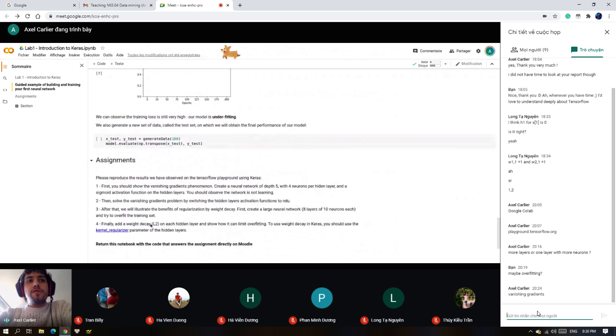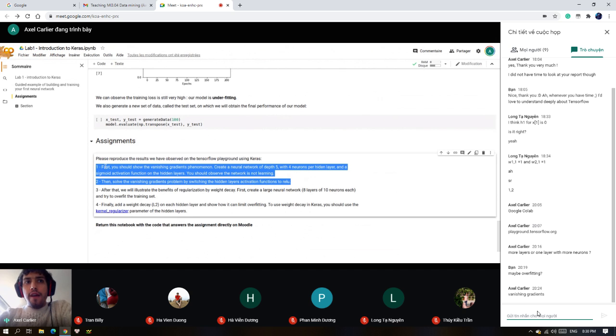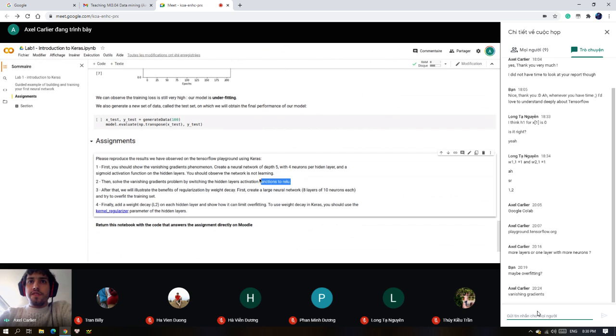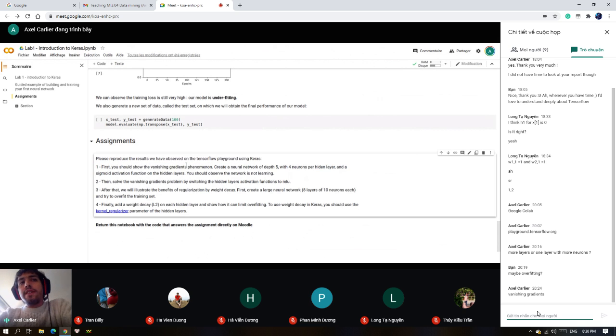And now what I'm asking you to do for the rest of the session is to basically do this. You do not have enough material to do this, but you should have enough material to do this. I want you to show me this exact phenomenon, the vanishing gradients that I showed you earlier.